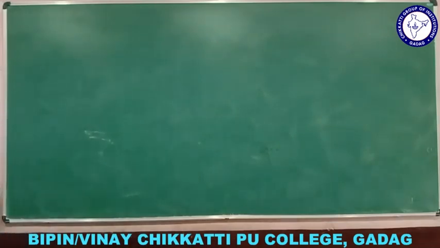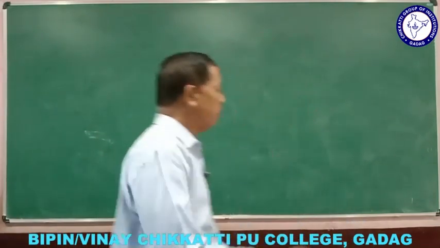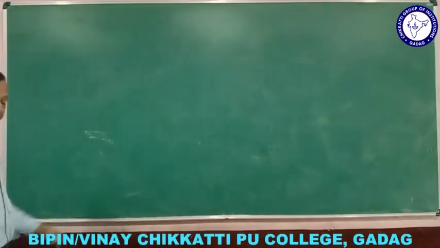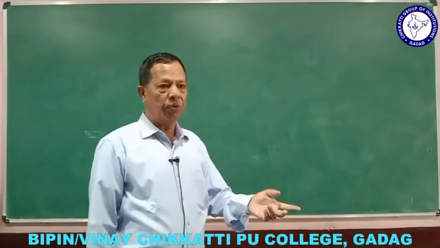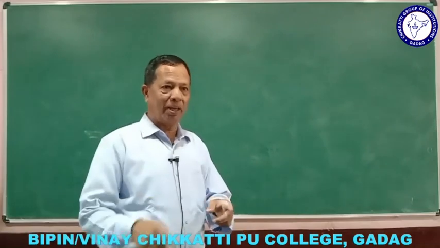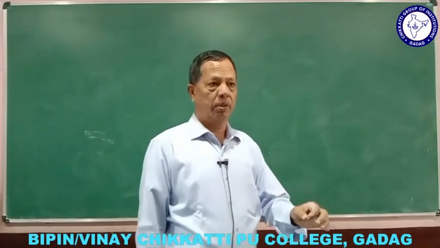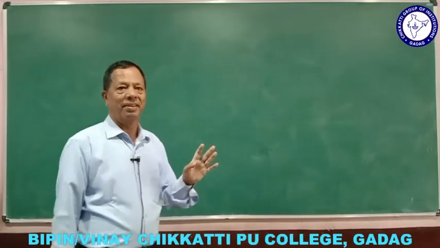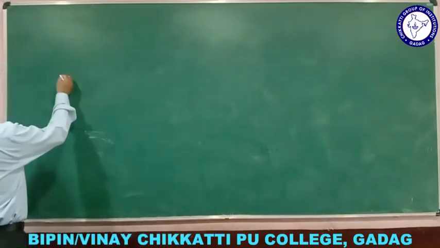Suppose if you say that the sign of the determinant changes, then I have to prove it. Once again I want to prove in this class: in a determinant, if two rows or columns are interchanged, then the sign of the determinant changes. Look at this.